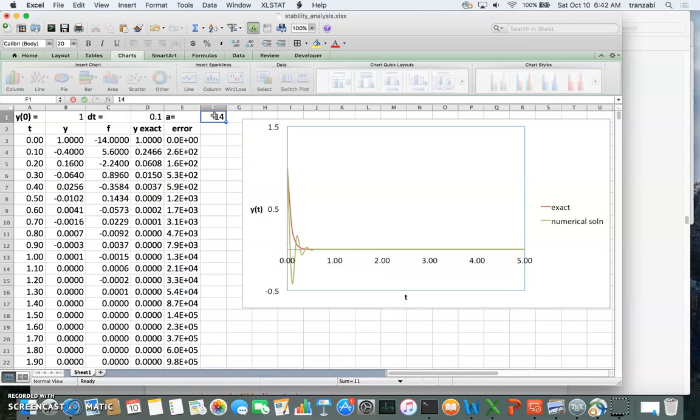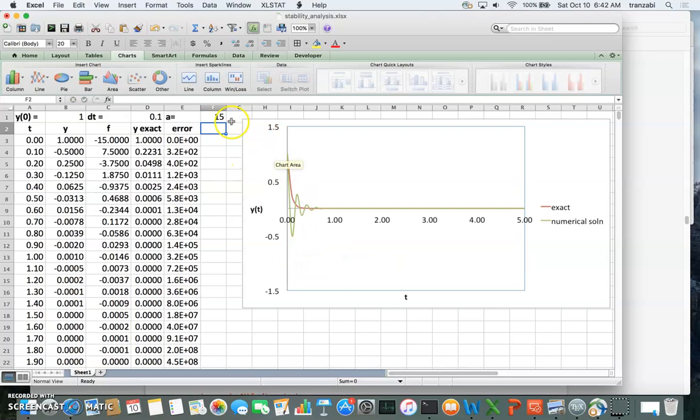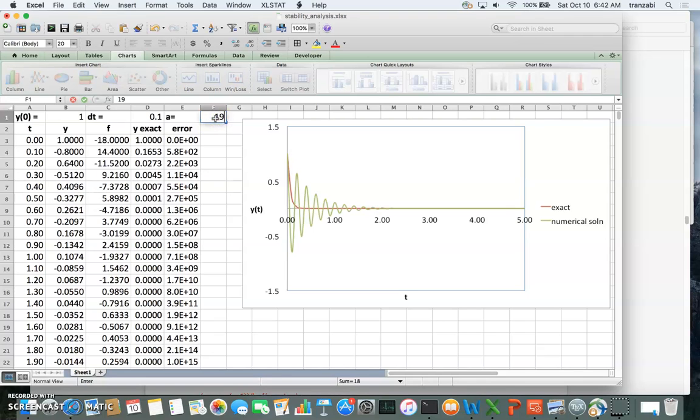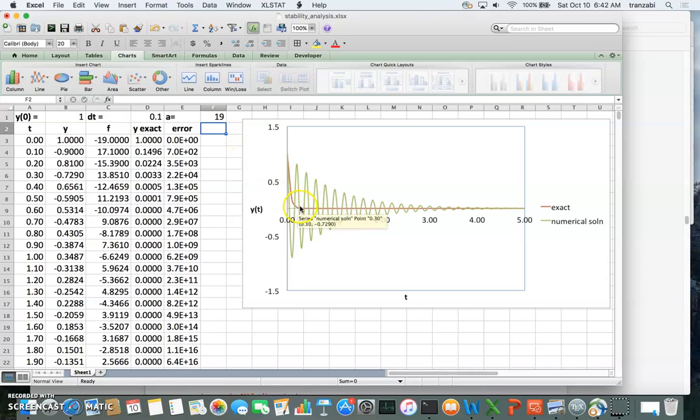Make it 14. See the oscillations show up initially. Make it 15. More oscillations. Make it 18. More oscillations. Make it 19. You see the oscillations are propagating through the solution. The red is the exact, and you see the green goes like this.